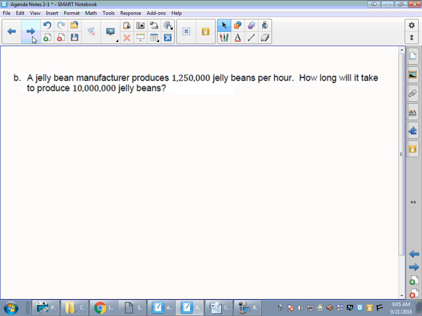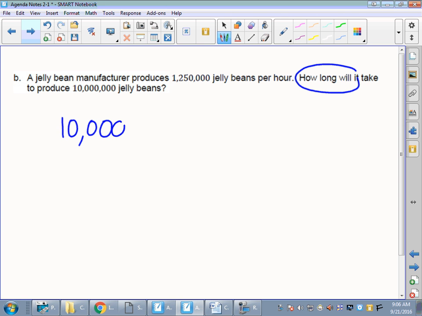So how about 3B? A jelly bean manufacturer produces 1,250,000 jelly beans per hour. How long will it take to produce 10 million jelly beans? So how long? We could write a multiplying equation, or we could go straight to division. Do you see what division we're going to end up doing? 10 million jelly beans is what we're looking for.